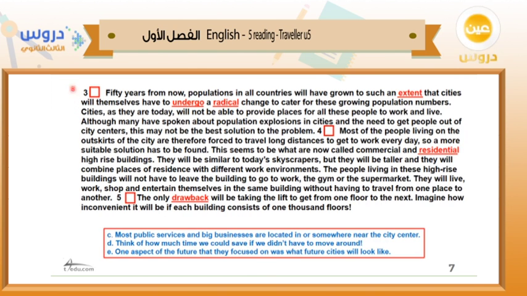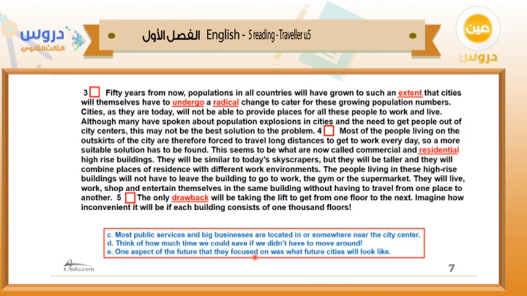Alright, what is the right number? What is the right option for number 3, number 4, and 5? C, most public services and big businesses are located in or somewhere near to the city center. D, think of how much time we could save if we didn't have to move around.